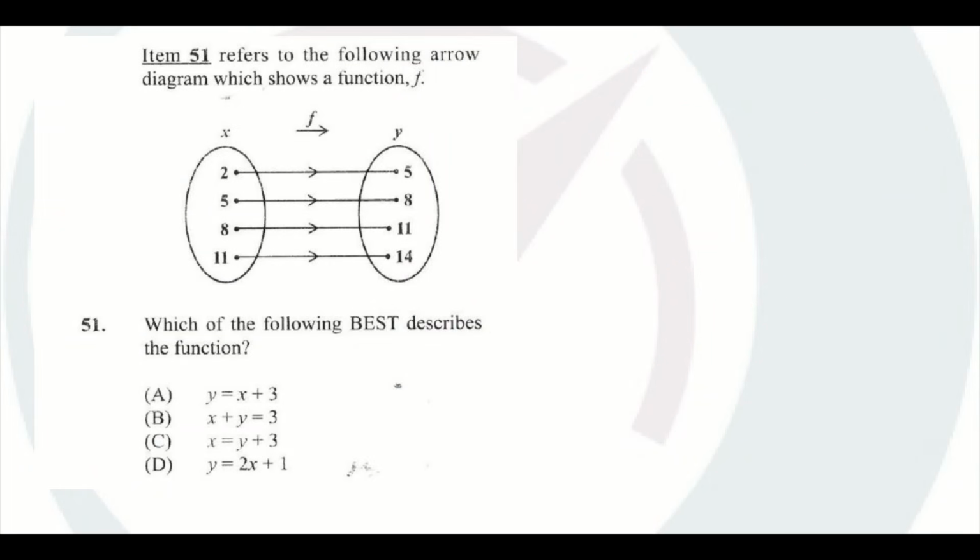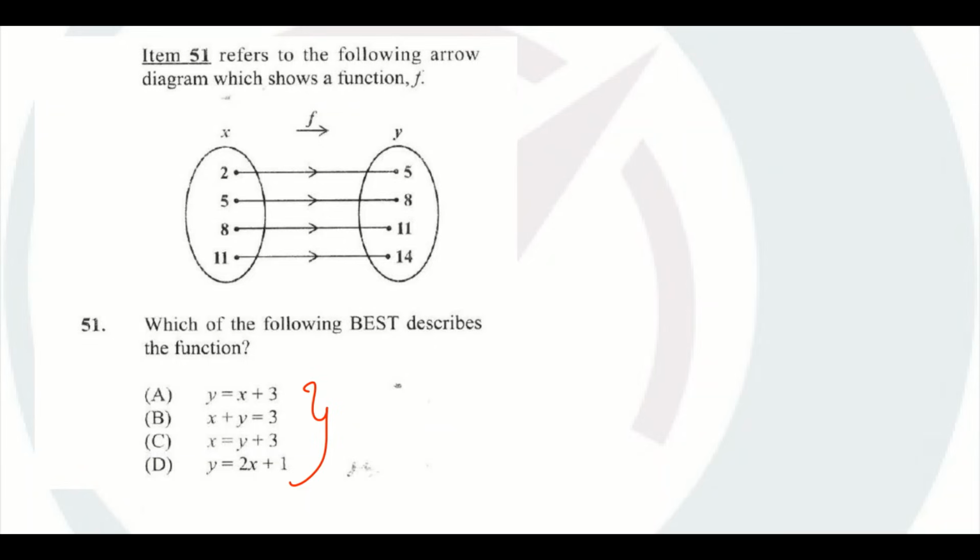Item 51 refers to the following arrow diagram, which shows a function f. So we see where x maps onto y. Which of the following best describes the function? Basically they're asking which of these formulas we can use, so that when you plug in the value for x, we get y.